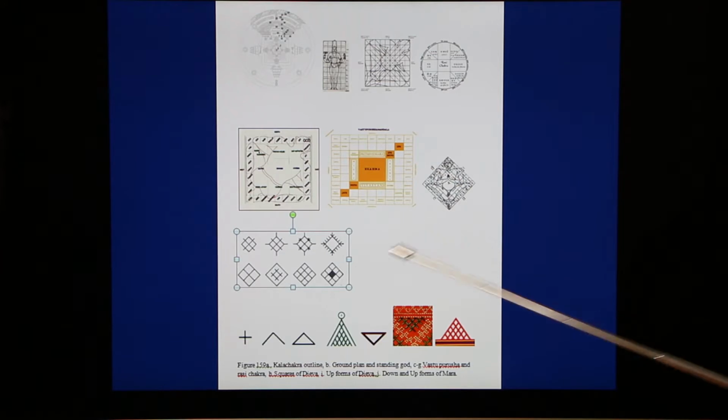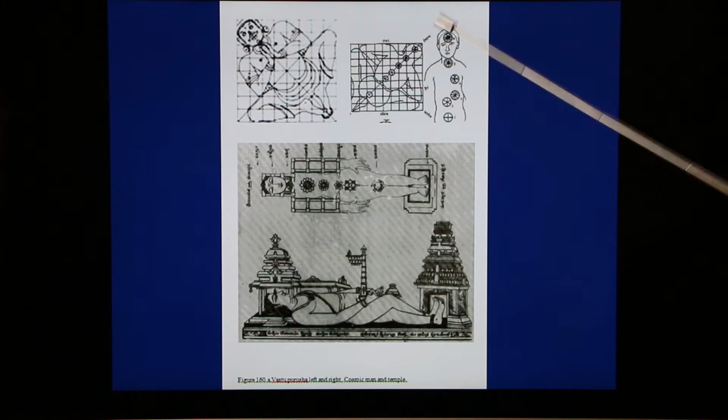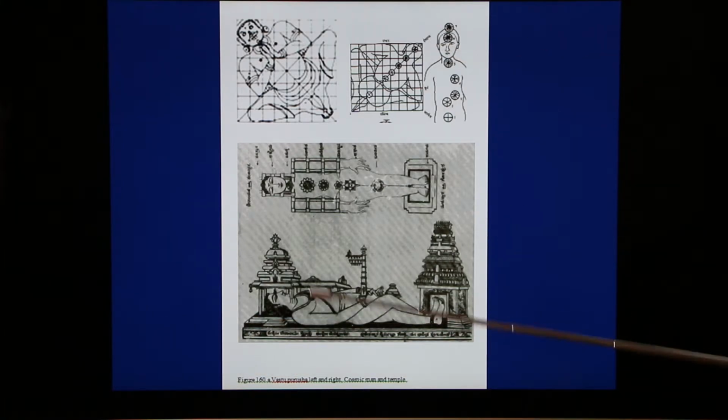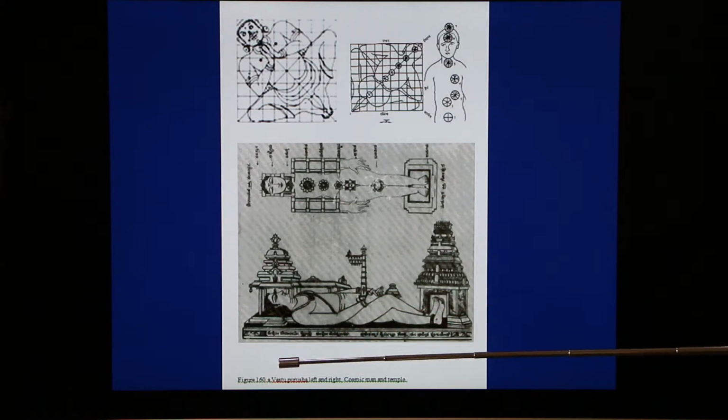But in the more complicated ones, you have 64 or 81 gods, and they are linked via these same squares. And then you get the Purusha here, who gets linked then with the chakras, and then you get your symbolic man who lies on the ground.